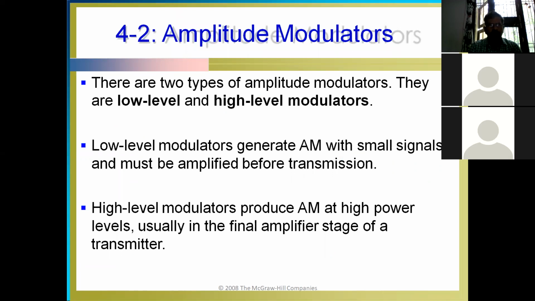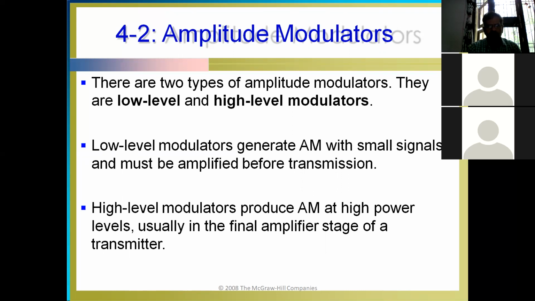There are two types of amplitude modulators: low level and high level modulators. Low level modulators generate AM with small signals and must be amplified before transmission. Amplified means increasing the strength level of the signal.